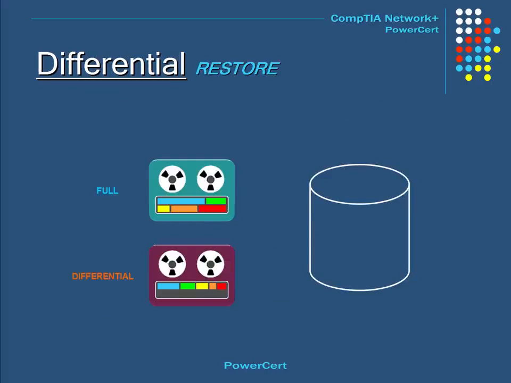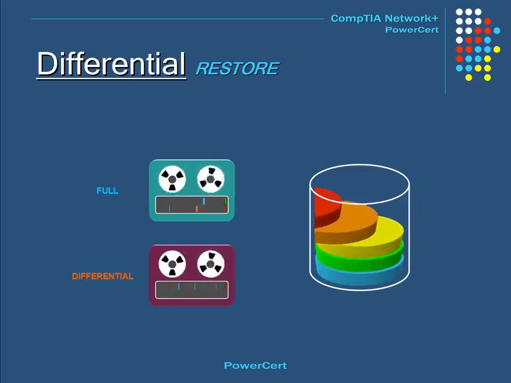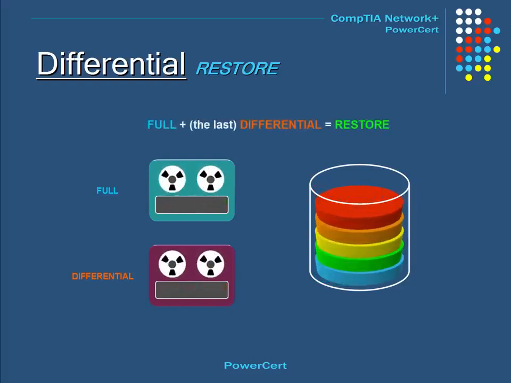Now after a differential backup, if you ever needed to restore the data, the procedure is that you would need to restore the last full backup and the last differential backup to completely restore your data.